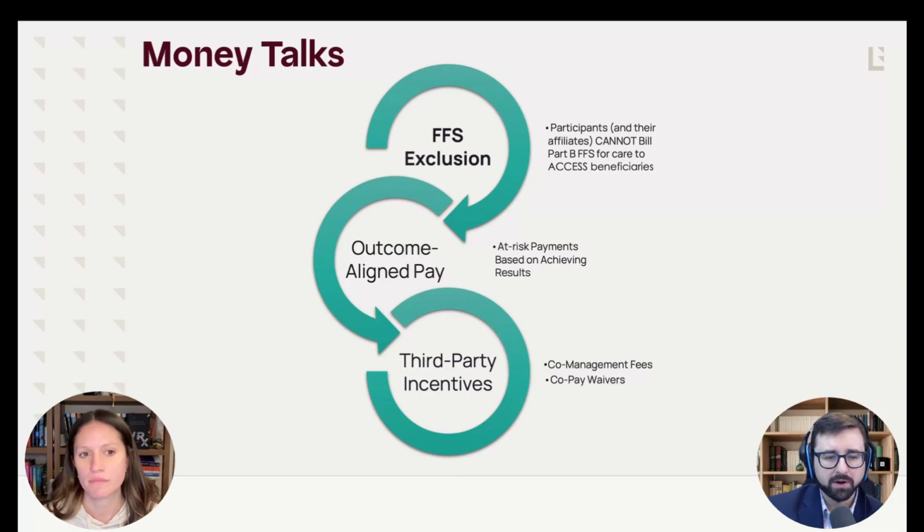Kaitlyn, do you have anything you want to call out? Yes, I still have so many questions about the OAPs. I think the big one, when CMS first announced access, I think one of the first things you and I talked about, Louisa, was, okay, this sounds great, but how much are those OAPs actually going to be?